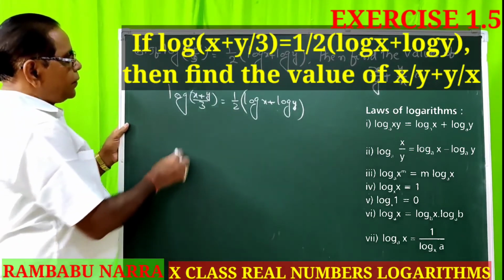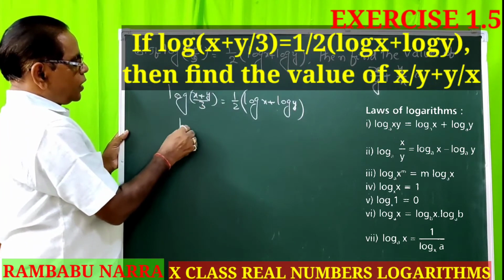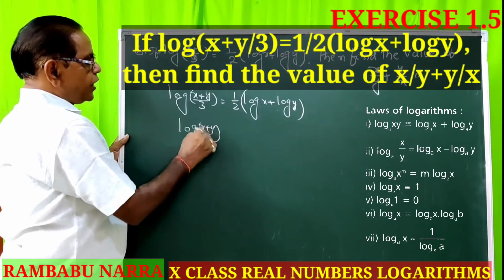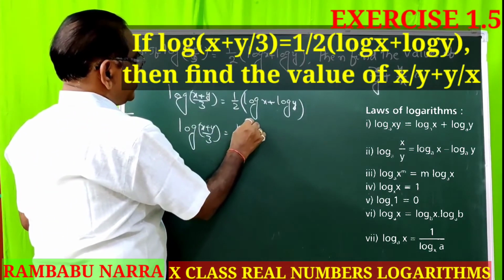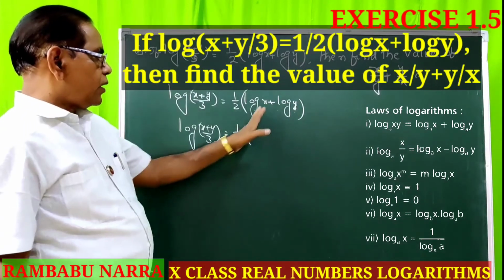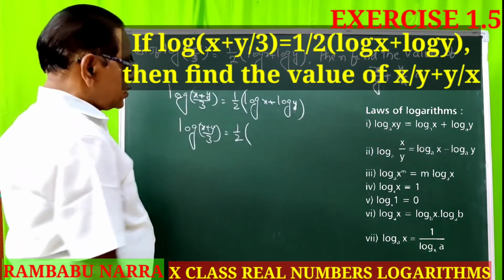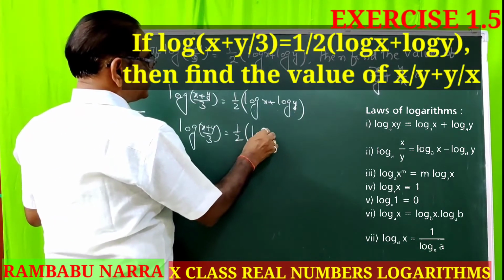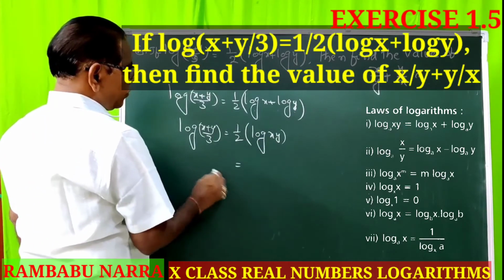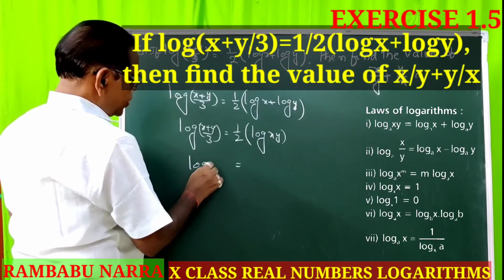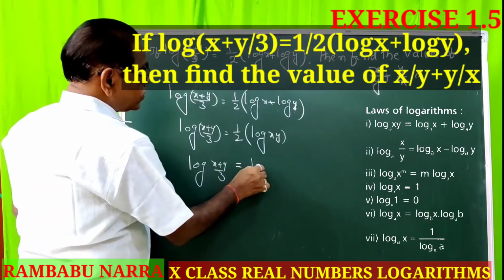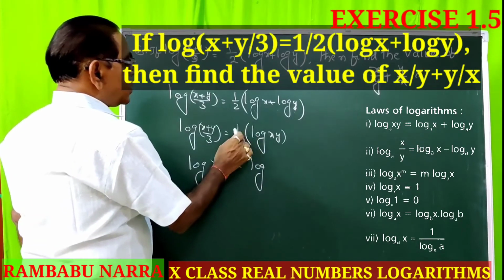Now we take the LHS the same: log (x plus y) by 3. On the right, applying the formula log x plus log y equals log xy, we get half log xy, which is log root xy by n log a.